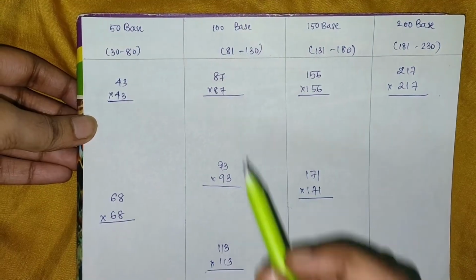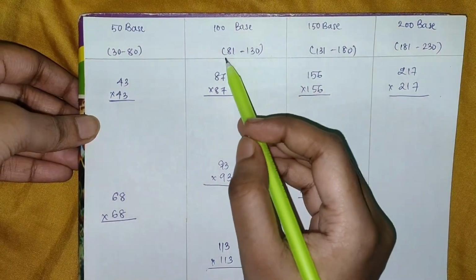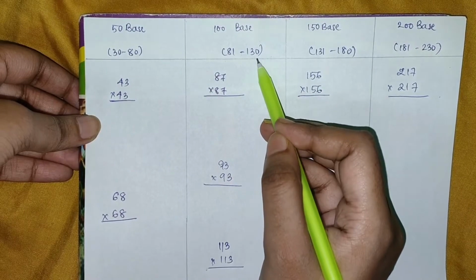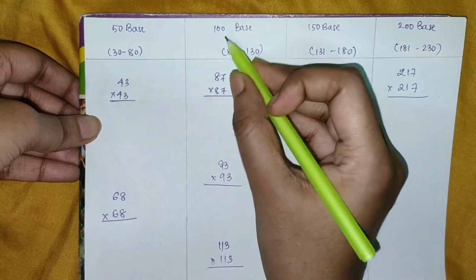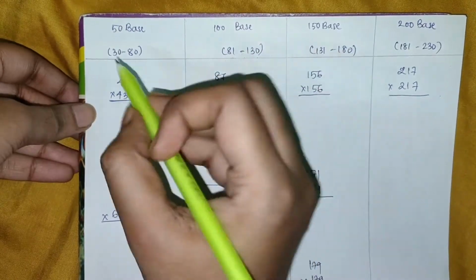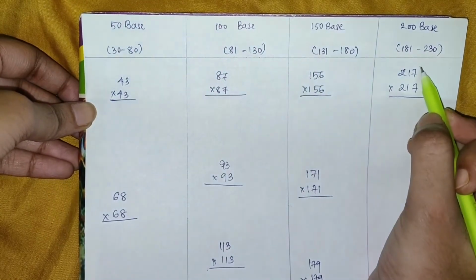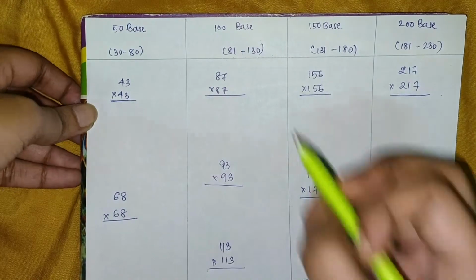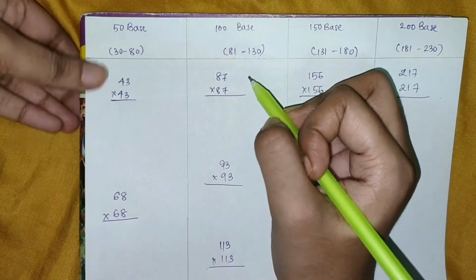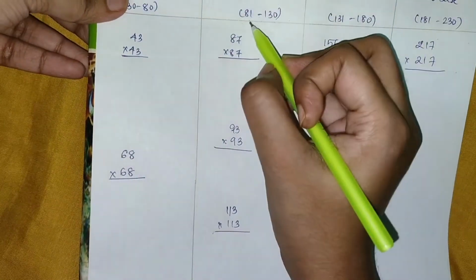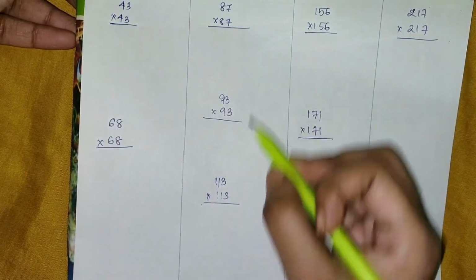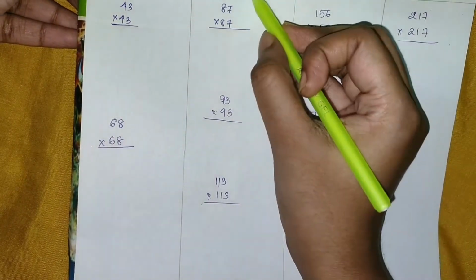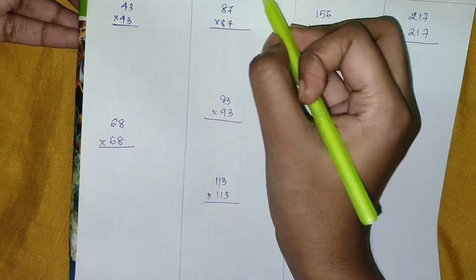You can see I have written down a range of 81 to 130, that is, plus 30 and minus 20 from 100. It is the same logic for all other bases here. So let's begin with the 100 base numbers. Here you can see 87, 93 and 113 are the three examples I've written which fall under this range 81 to 130.